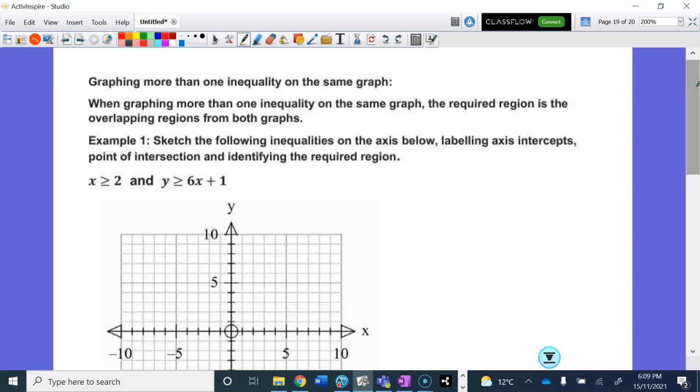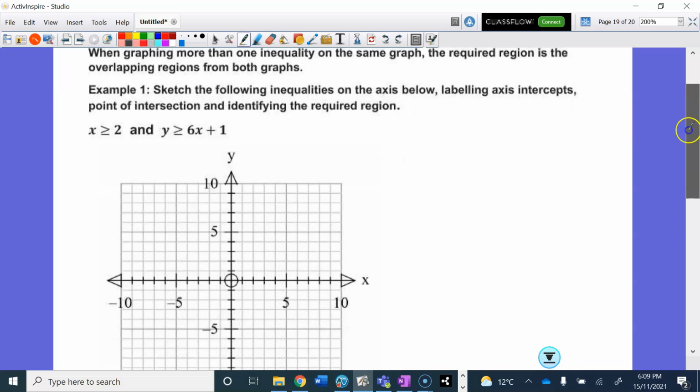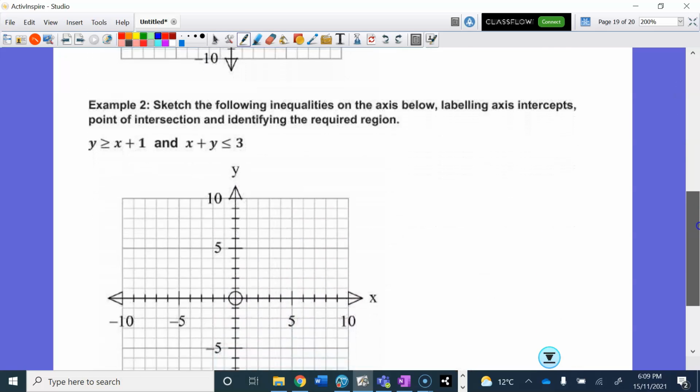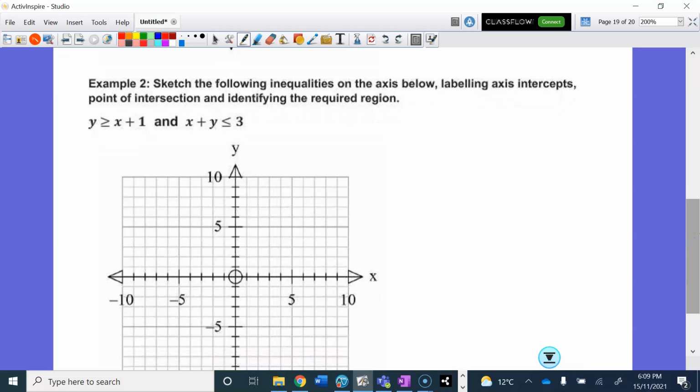crowded on there. I might let you have a go at that first one, example 1, on your own, and I'll go through this one, example 2, and then I might do one more from the next page. With this particular one, when you've got 2 regions overlapping, it's not so bad to see which bit is the required region.